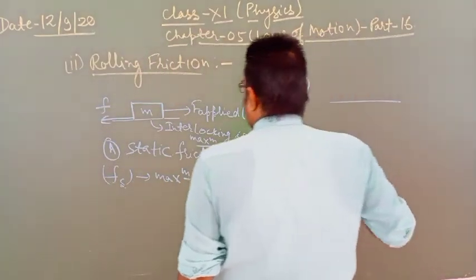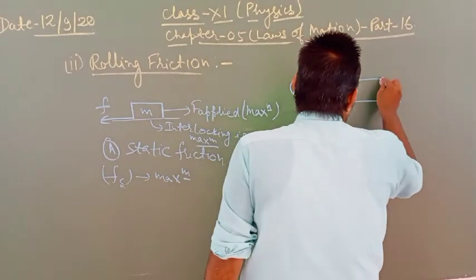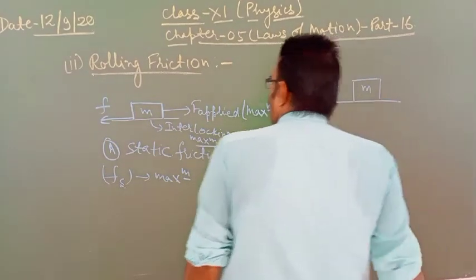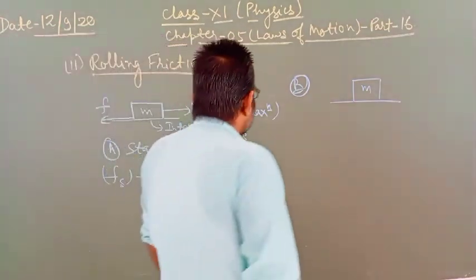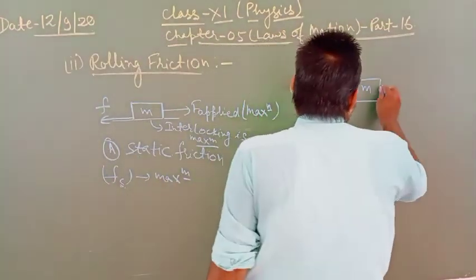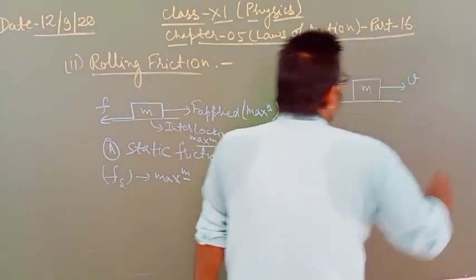Now the second case, B, is for kinetic friction. For kinetic friction, the box of mass m is not static, it is moving with velocity v.